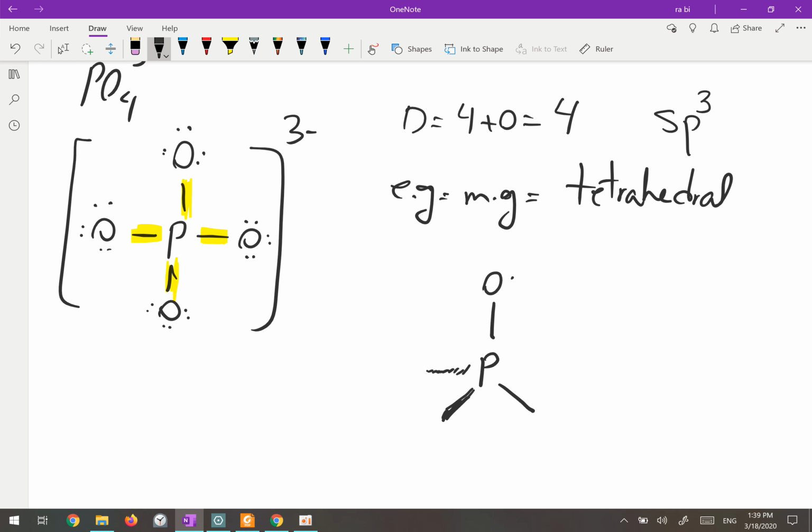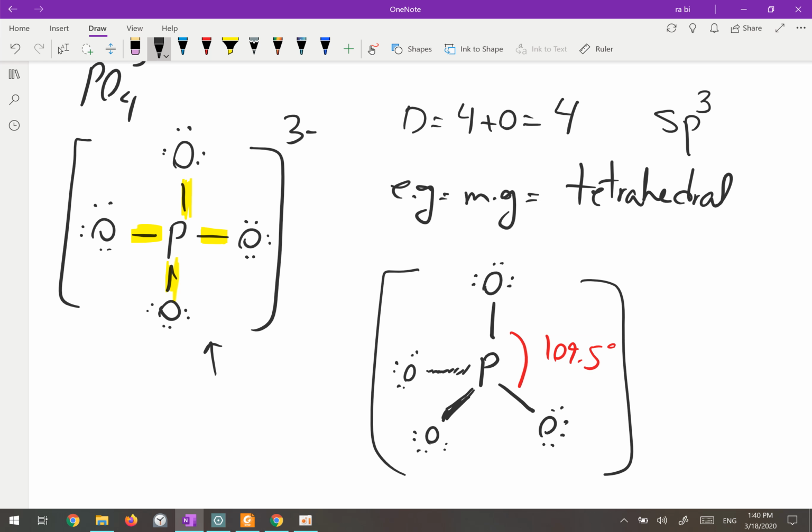So you have O, O. Okay, if you need only to draw the shape, it's not necessary to write down the lone pairs, but it's very necessary for the Lewis structure to draw everything, the lone pairs and everything. But I draw it here. The angle that you have here is 109.5 degrees, and this ion has 3 negative charges.